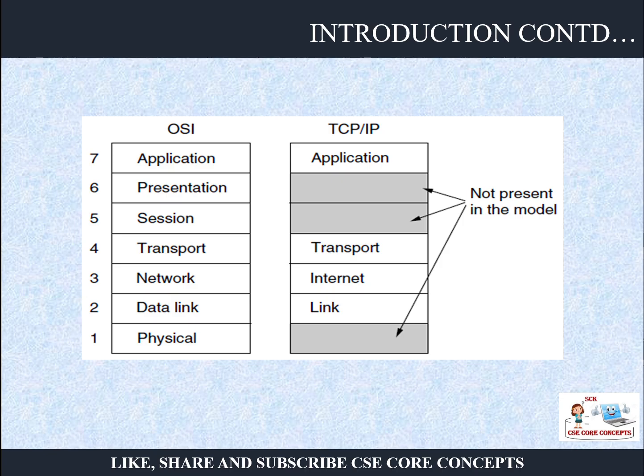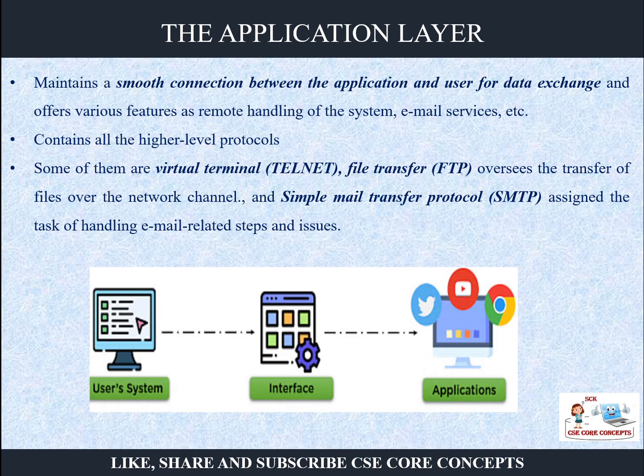Here in this figure, you can see a brief comparison between the OSI and the TCP/IP model. The presentation and the session layers are not present because they are clubbed in the application layer. Then the transport layer is there. The network layer is referred to as the internet layer and the data link layer as the link layer. So let us get started and understand each of these layers in brief.